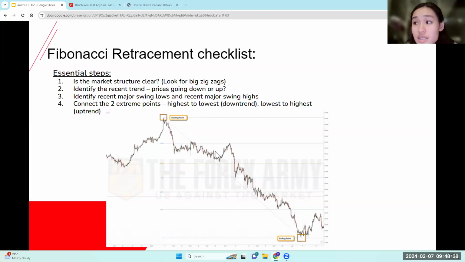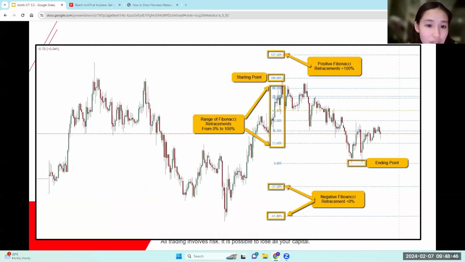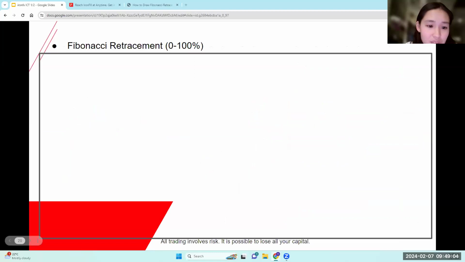Since this is a downtrend, your starting point is at the swing high and your ending point is at the lowest swing low. Here you can see all the different Fibonacci numbers that we mentioned in the previous slide. For the ICT, we are focusing on 61.8 and 78.6. But it's basically the same thing.